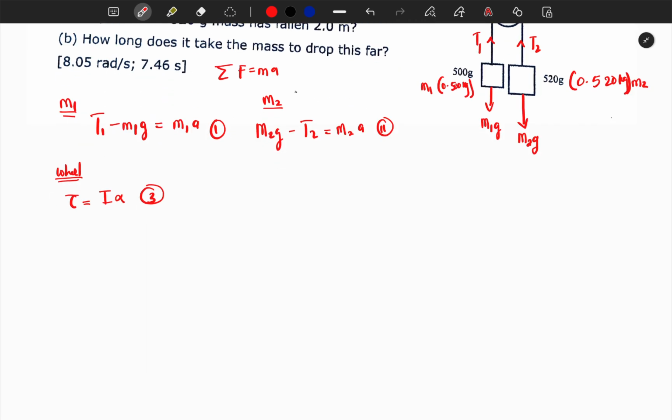Let me first write this equation. The net torque will be equal to the torque coming from the one mass and the torque coming from the other mass. That will be the tension T2 multiplied by the radius minus the tension T1 multiplied by the radius.